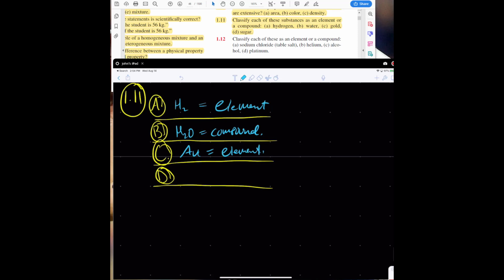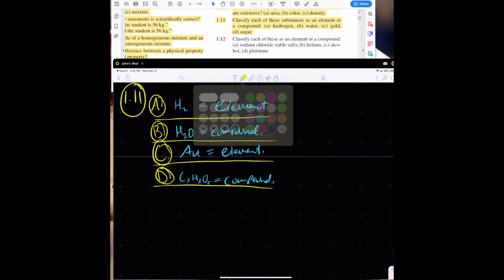And how about part D? Sugar. Like glucose. That's got carbons, hydrogens, and oxygens in it. So that would make that a compound. Okay. And that's that for that one.